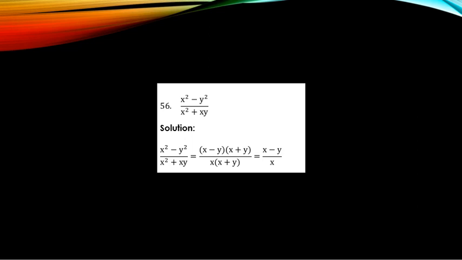So if you express x square minus y square as difference of two squares, you have this result. From the denominator, x is common. If you factor out x, you have x plus y. Clearly, x plus y cancels x plus y. You are left with x minus y all over x.